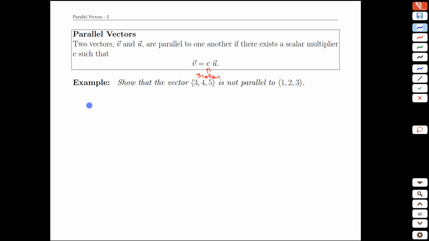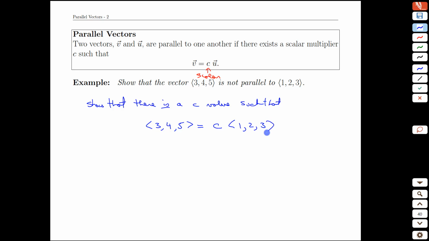What we're looking for is to show that there is a c value such that 3, 4, 5 is equal to that constant times 1, 2, 3.